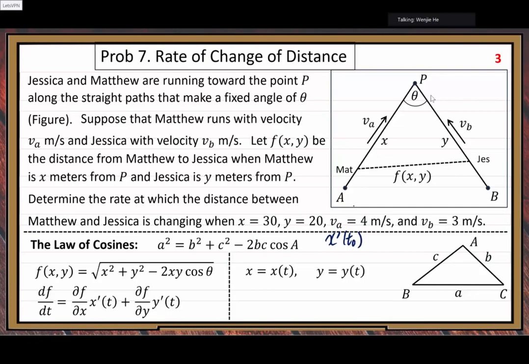And VB is y prime of t0. Both x and y are at the same t0 point. Then when we calculate this expression, we can plug in. We have all the values of all the quantities.